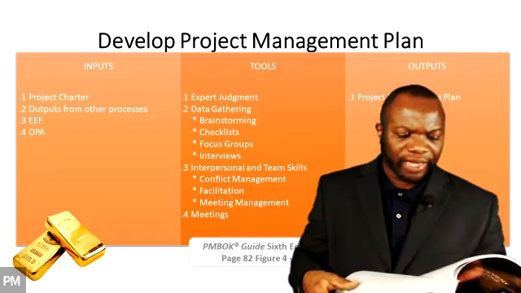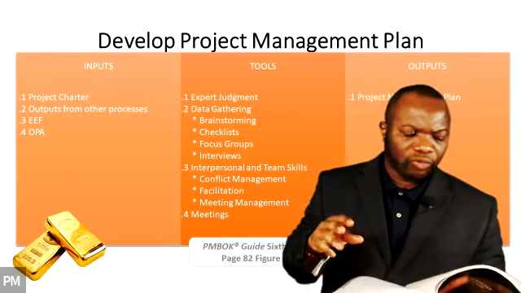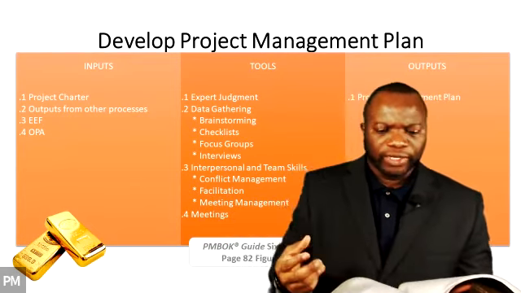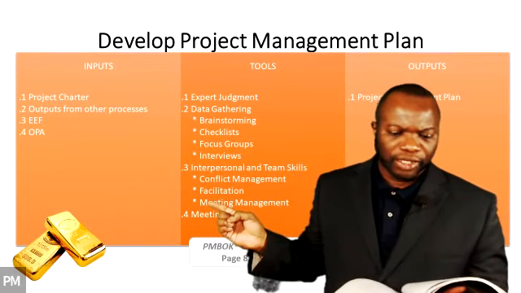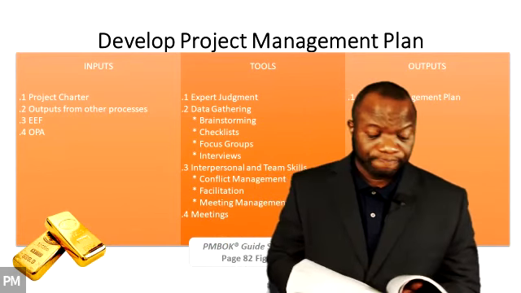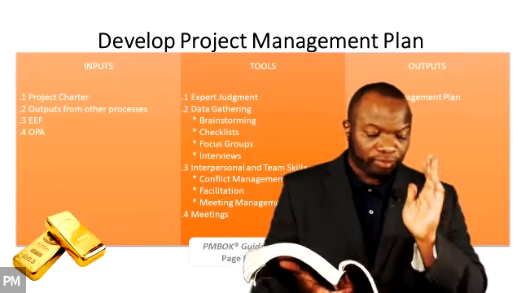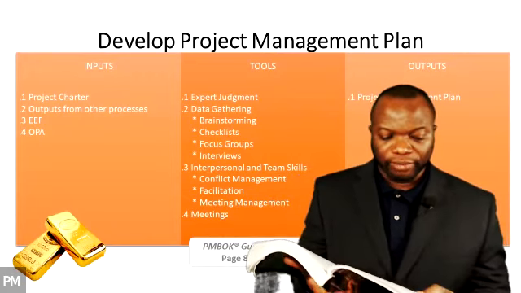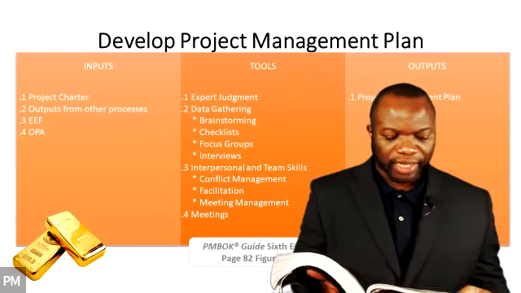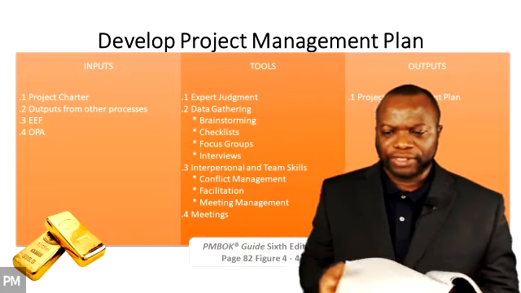Facilitating the meeting of the minds, making sure there's effective participation, making sure everyone is in mutual understanding and moving together as a team. Meeting management, if your meetings aren't managed, goodness help you. You do need meeting management so that you hold your meetings to time and you maximize the availability of team members, making sure your meetings are well run, and of course, meetings themselves.